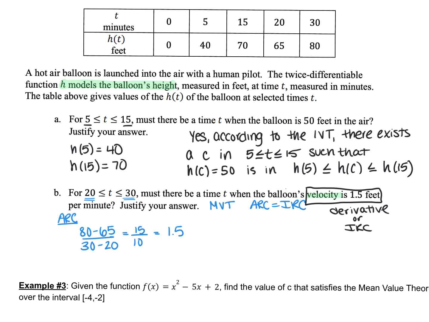So if my average rate of change equals 1.5, then my derivative will have to equal that. So you could just say yes, according to the mean value theorem, there exists an instantaneous rate of change that will equal 1.5.